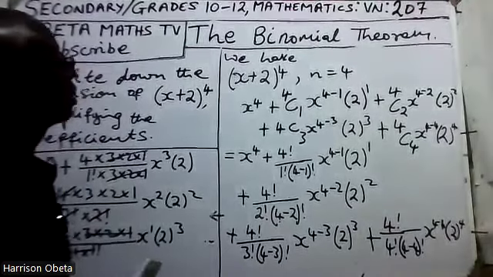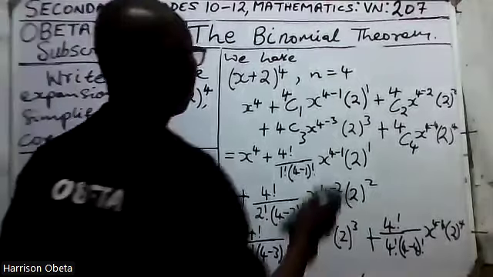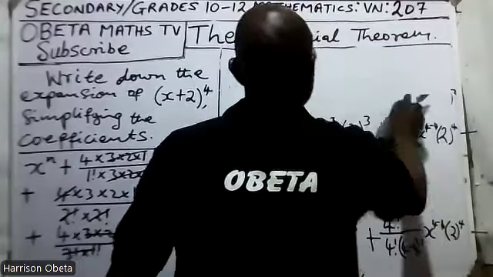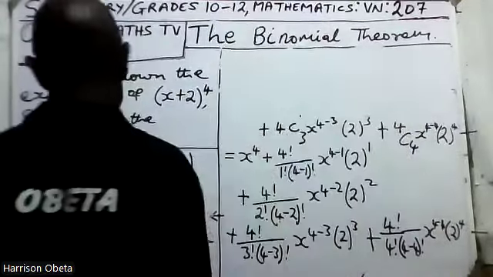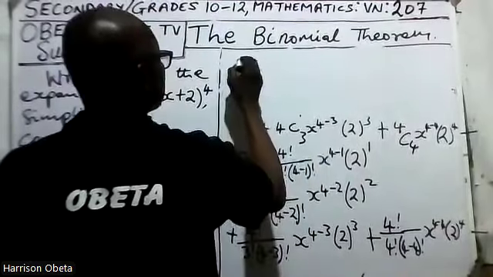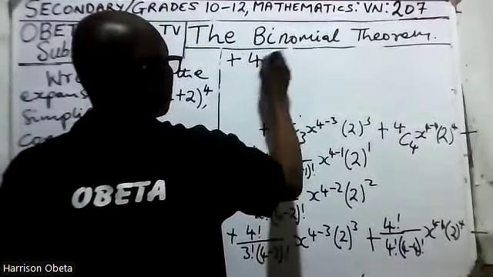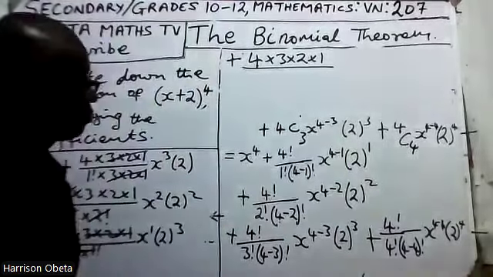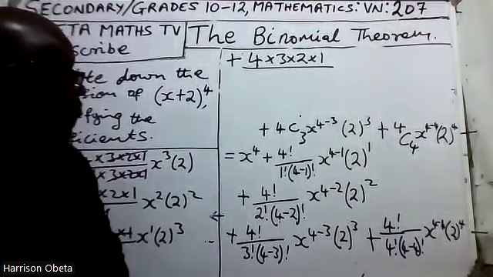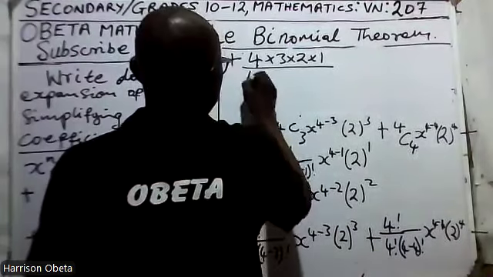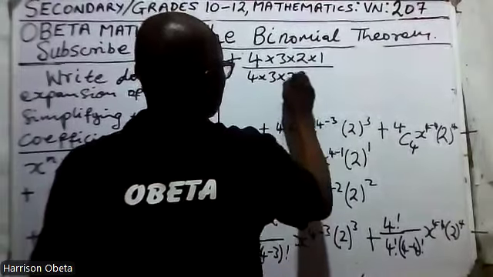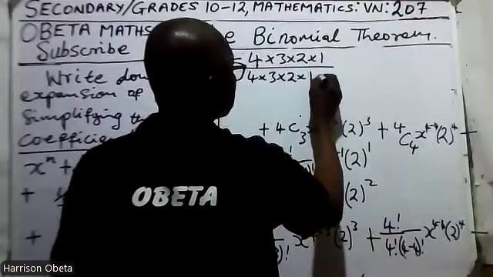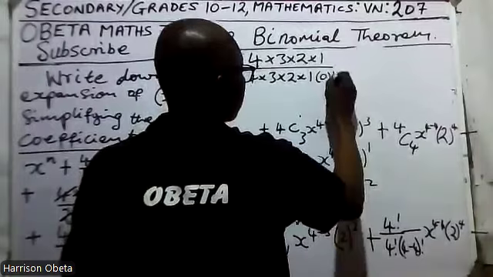So the last one, we are going to come up here to now have this last one: plus 4 times 3 times 2 times 1 all over, we have again 4 times 3 times 2 times 1, because 4 factorial over 4 factorial. 4 minus 4 is 0 times 0 factorial.